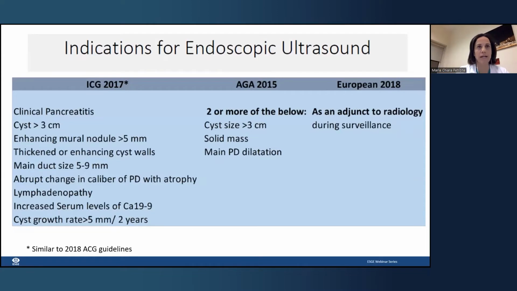The international guidelines recommend EUS for patients with any one of these clinical or radiological features that you can see. The AGA suggests EUS only for cysts with 2 or more high-risk features. And for the European guidelines, EUS is considered just as an adjunct to radiology during surveillance.